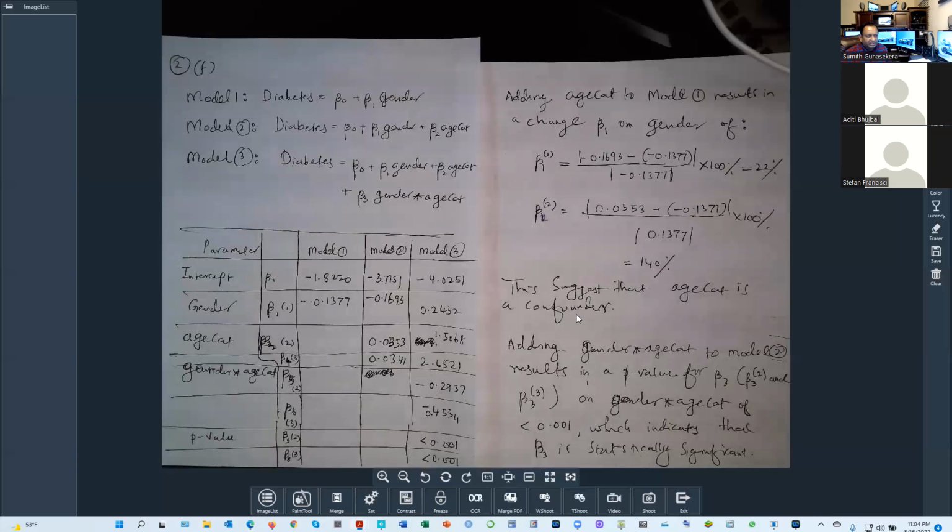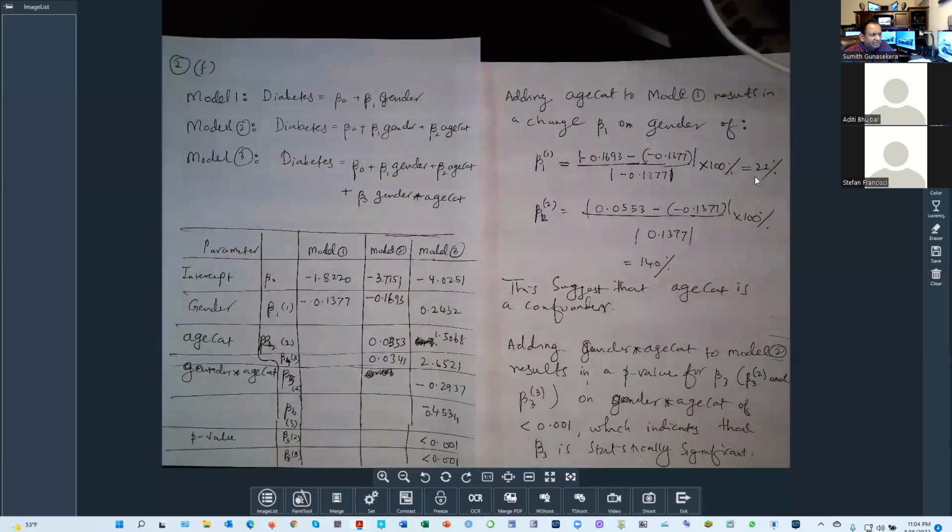Beta 1 has been in... yeah, this one, because this one is beta 1 and age cat is beta 2 here. It's going to be compared with this one too. Okay, it's okay. See, age cat, and this one has shifted, mainly this one.